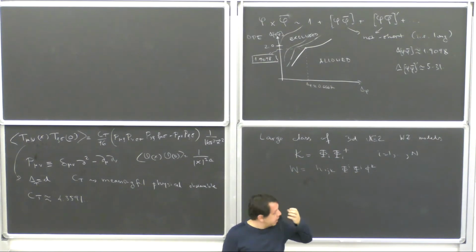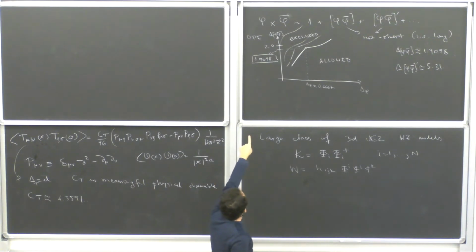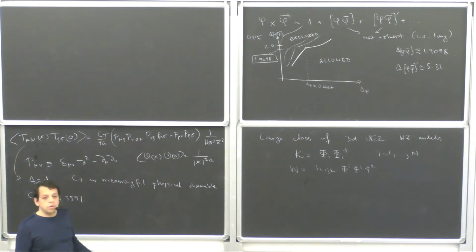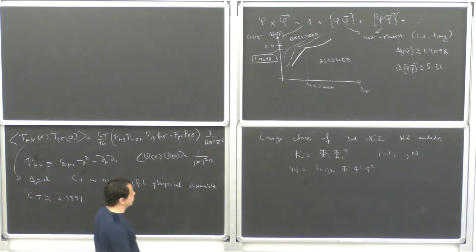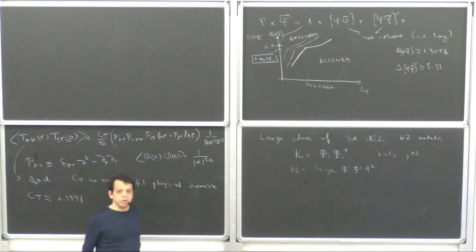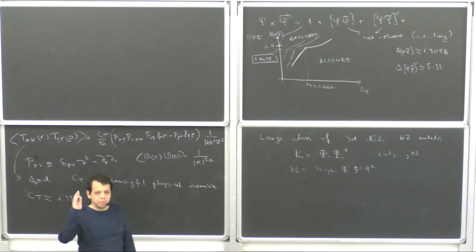Something that I forgot to say is that this number over there in the box, 19098, you can do the 4 minus epsilon expansion to 4 loops, and you get within 0.1% of this number, if you do this illegal operation of doing epsilon expansion and putting epsilon equal to 1.